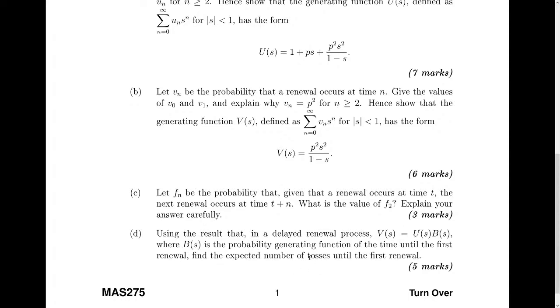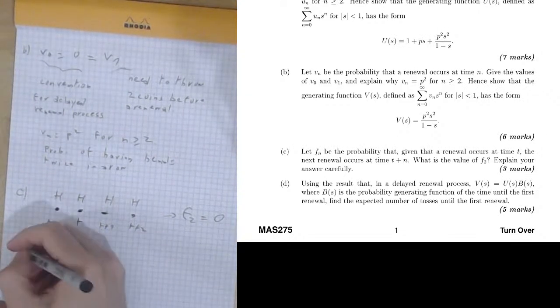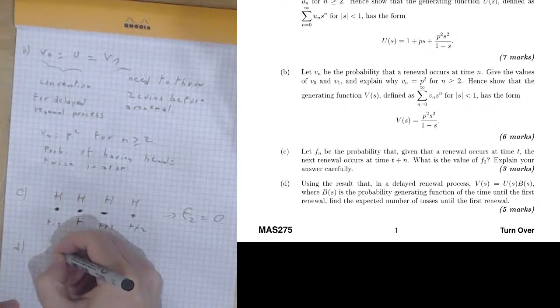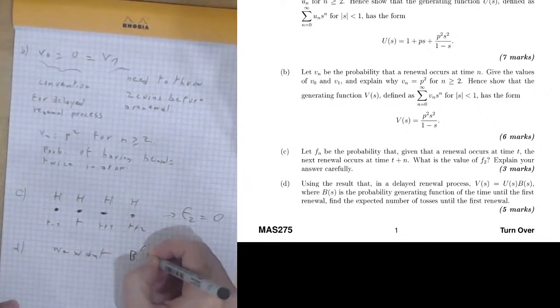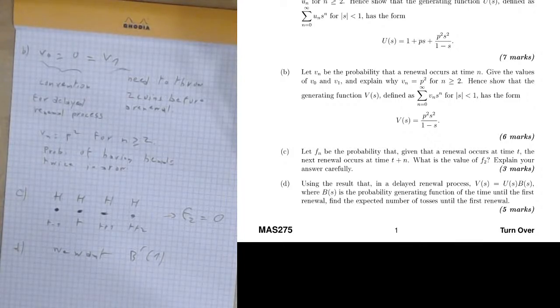Find the expected number of tosses until the first renewal. That you should know from the lectures: what we're looking for is b prime of 1. So this question is, in disguise, what is b prime of 1? And so you have to do it.